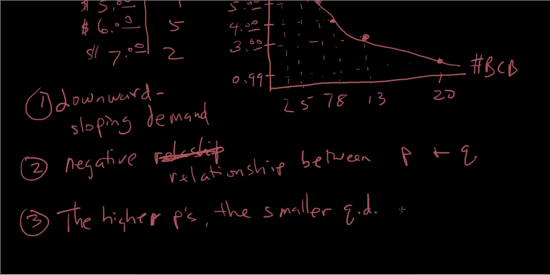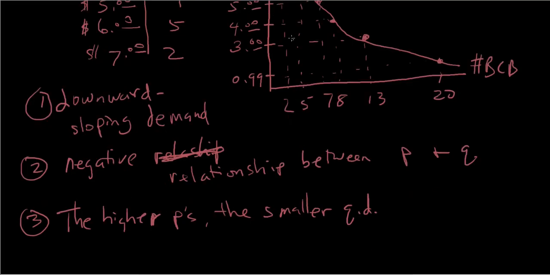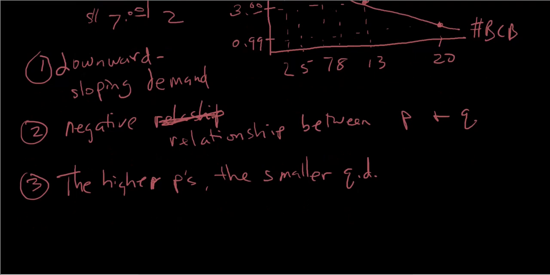So if price goes up, there's less quantity demanded. Or if price goes down, the lower the prices are, the larger the quantity demanded, right?